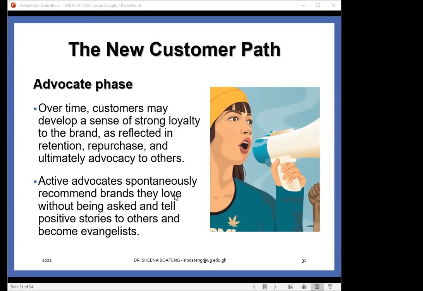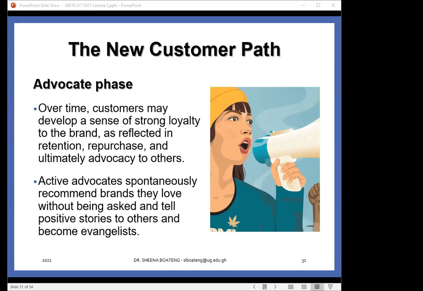So relationship building is very important, because that is the only way they can feel the value of the co-creation that we talked about in the beginning, where they feel a part of the brand and they feel actively involved in what we are doing as a brand in terms of providing products and services to satisfy their needs. So relationship building here is a strong goal after the purchase has taken place. That is the only way we will keep them coming back and keep them spreading the good word about our brand.